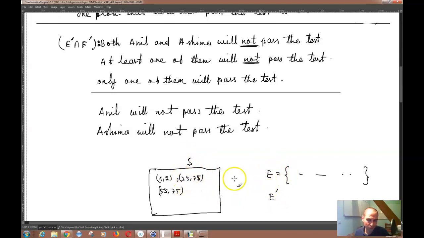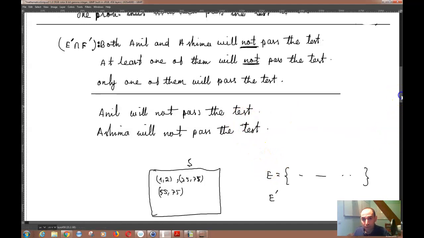And of course, since the set E is the set of all the ordered pairs that will result in event E occurring, then all the members of this set or event E prime will actually result in event E not occurring, right?